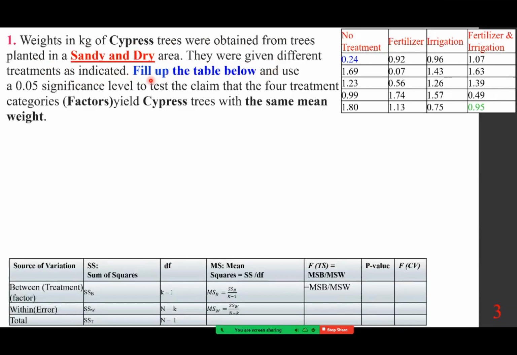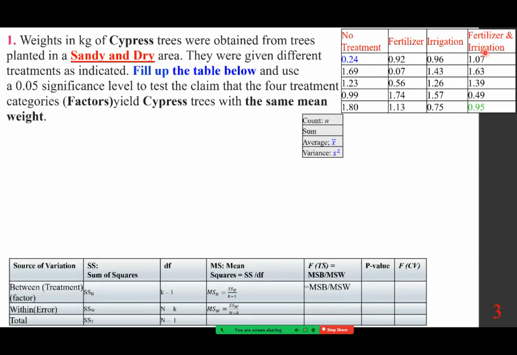Fill up the table below and use a 0.05 significance level to test the claim that the 4 treatment categories or factors yield cypress trees with the same mean weight. So no treatment, that's one category. Using fertilizer, the second one, irrigation, the third one, fertilizer and irrigation is the last category.